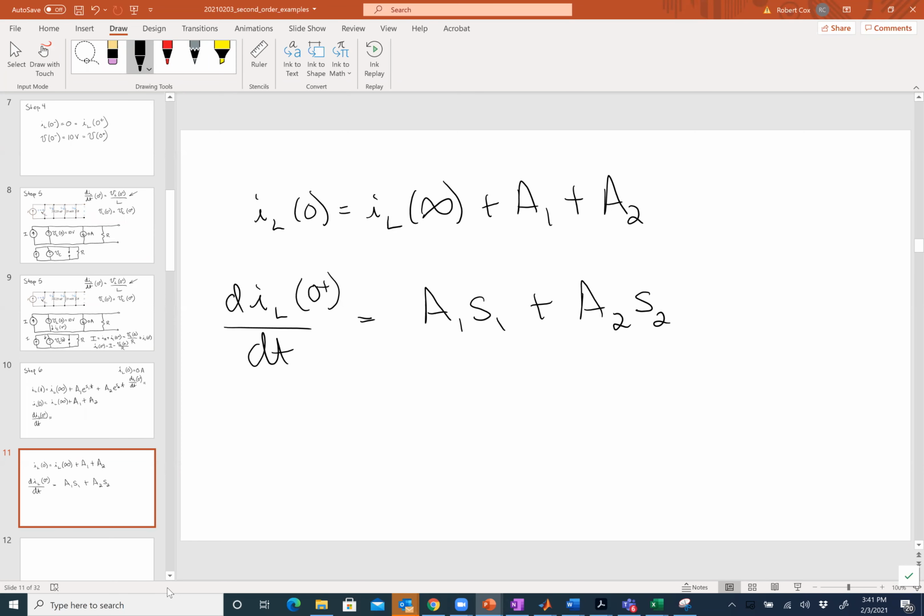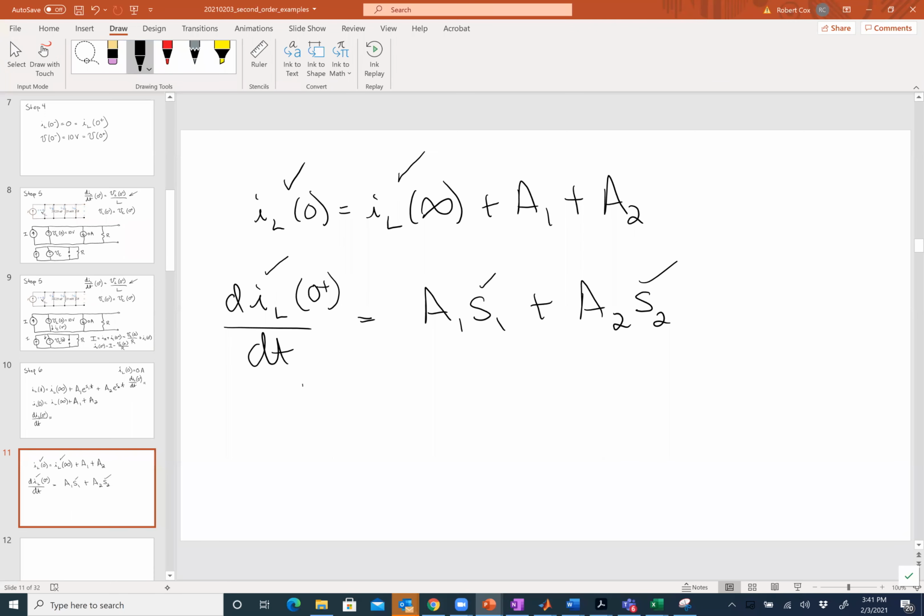I just looked those up. I've got numbers for S1 and S2. What I don't have is A1 and A2, the unknowns. Everything else is a number: IL of 0, IL of infinity, S1, S2, and this derivative.